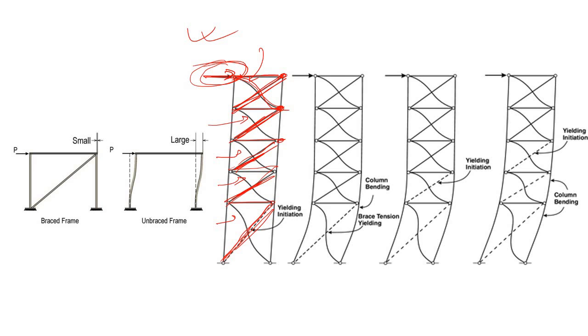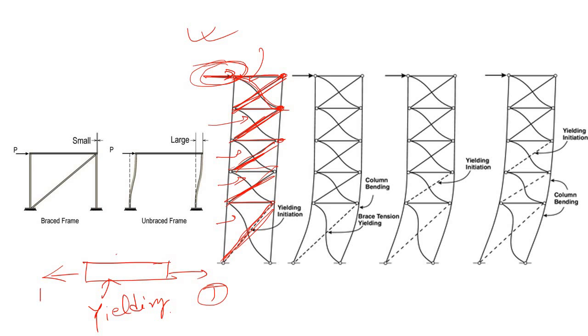So due to tension, what will happen to each and every member due to this tensile force? Initially there will be some yielding, and finally if the tensile force crosses the yield stress, it will rupture like this. Here, first the bottom one starts to yield.